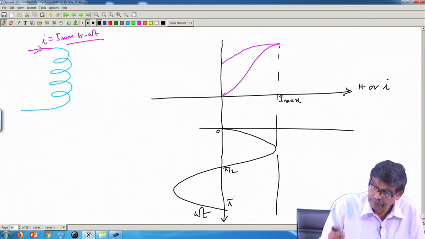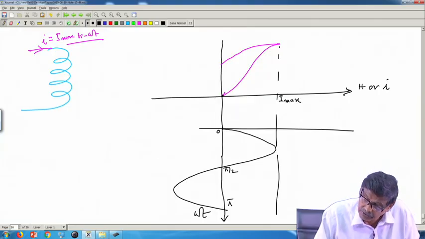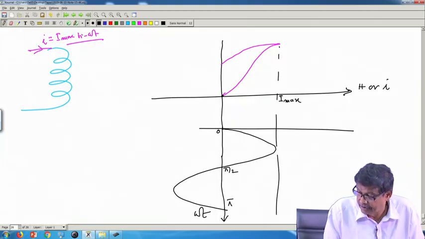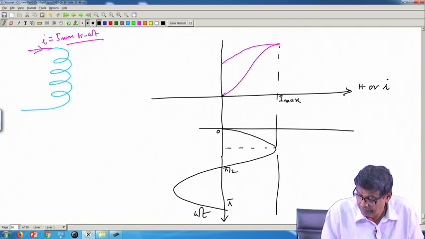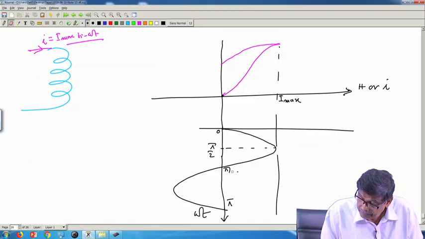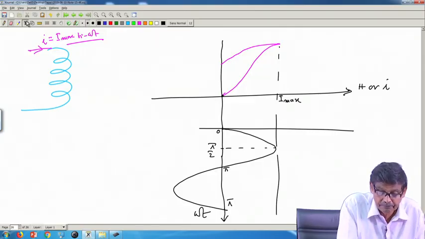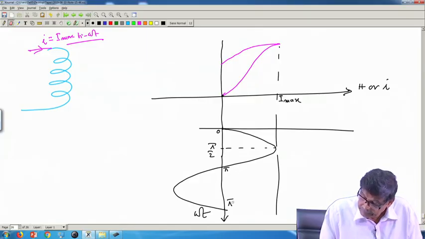And suppose I have started the game when there was no magnetic field present in the core. So, H as current was increasing came up to, I am so sorry, this is pi by 2 and this is pi, and this is 2 pi, correct it.